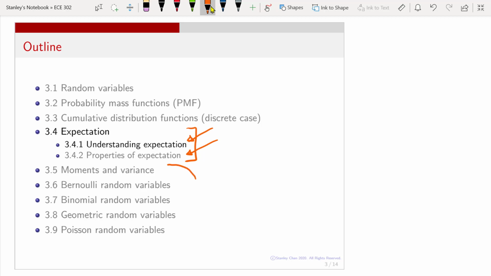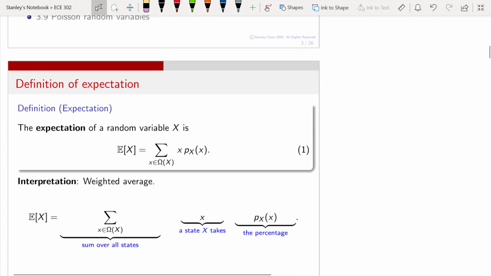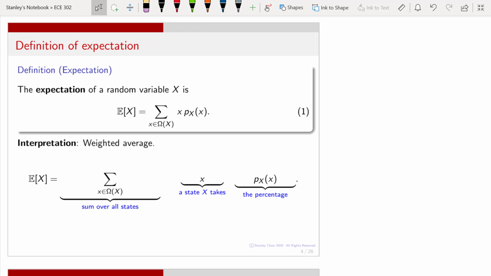And afterwards, we will also study a generalization of the expectation to higher order moments and variance. So let us start by discussing the definition of expectation, and then we will draw the linkage from the expectation to the histograms and averages that we used to see in a dataset.